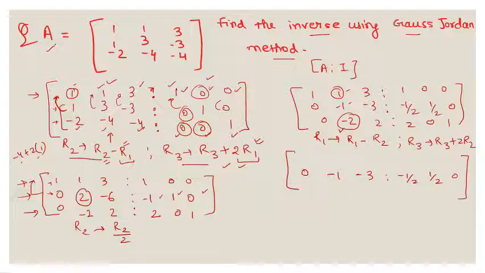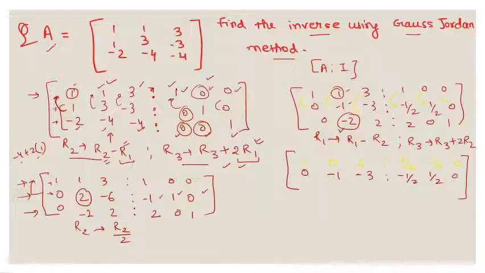Now R1 minus R2: 1 minus 0 is 1, then 1 minus 1 is 0. We have to make it 0. Then 3 minus minus 3 means 6. Here 1 minus minus half is 3 by 2. Then 0 minus half is minus half, and 0 minus 0 is 0.